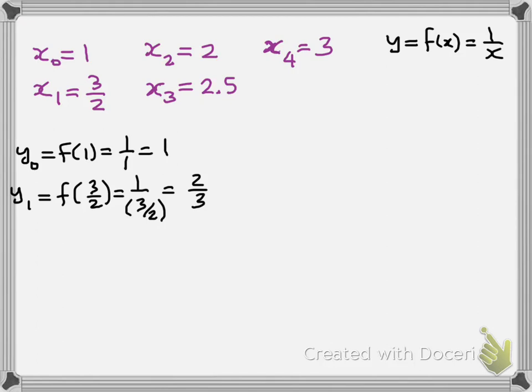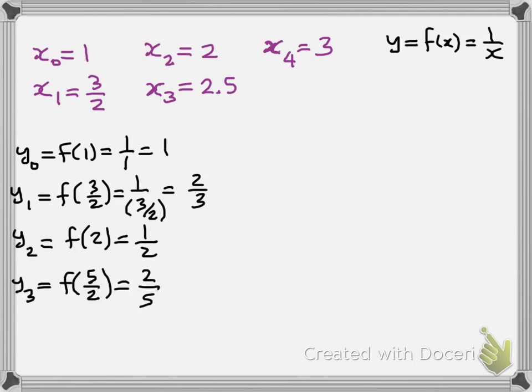X sub 1 is 3 over 2, so f of 3 over 2, that's the reciprocal of 3 over 2, that's 2/3. And then, same thing for y sub 2, that is f of 2, because x2 is equal to 2, that's equal to 1/2. And then for y3, that is f of x3, that's f of 2.5, so that's f of 5 over 2, that's 2/5. And finally, y4 is f of x4, which will be 1/3.